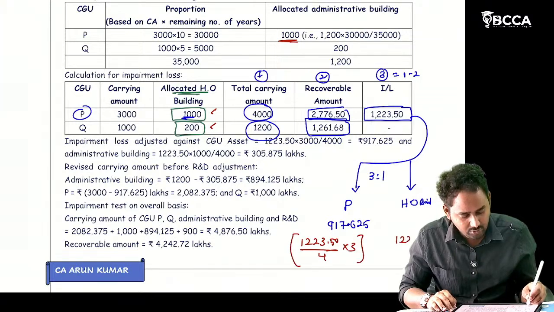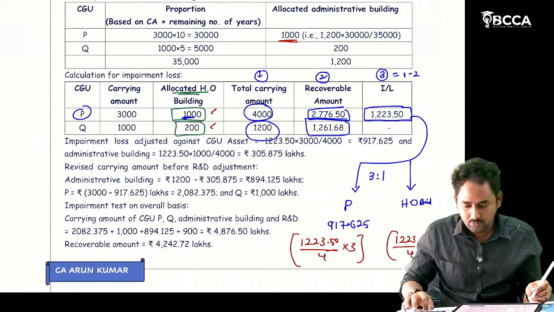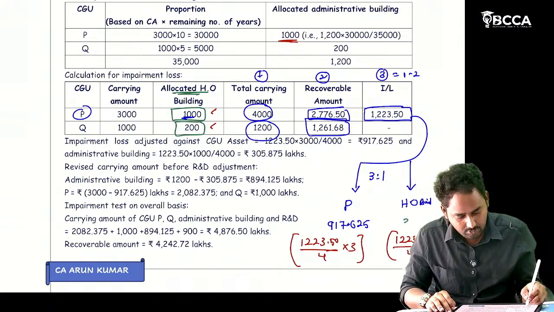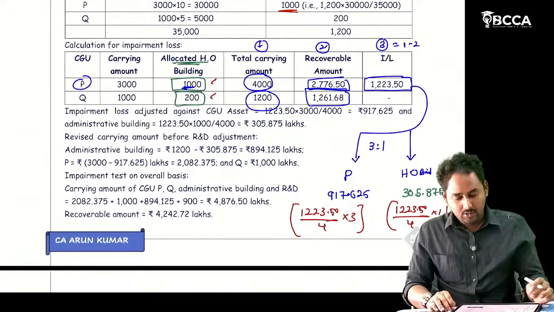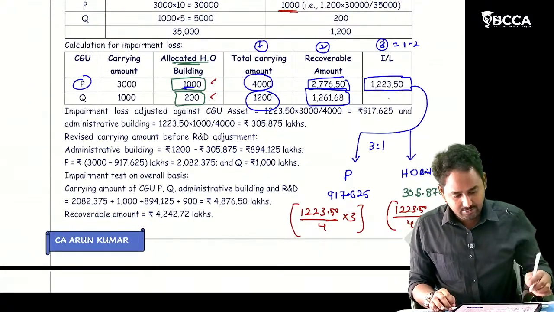Here also 1223.50 divided by 4 into 1, that is 1223.50 divided by 4. Then we got 305.875.